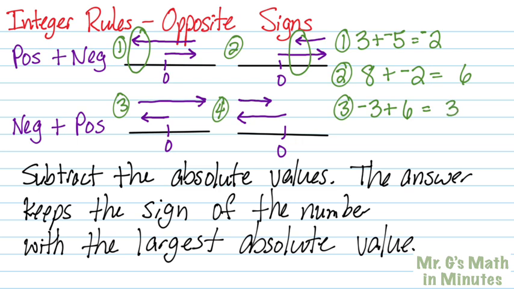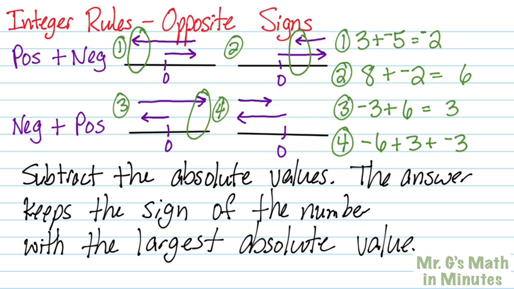The larger absolute value is the 6, so this answer stays positive. As you can see on the number line, it stays positive. And then the last one, number 4, we have our larger negative number first, and then our smaller positive number. We subtract those two. 6 minus 3 is going to be 3. 6 is larger, it's negative, so the answer is also negative. And those are our integer rules.